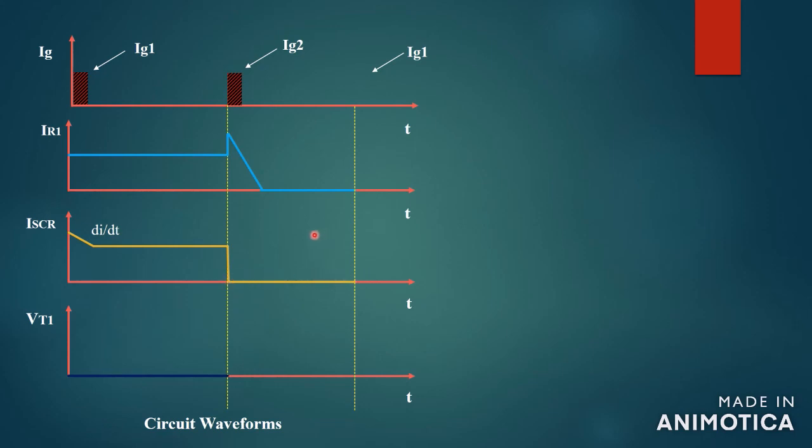So the capacitor will get charged in the reverse direction. So this capacitor voltage will get applied across the thyristor T1. So this will continue until the triggering pulse is given to the thyristor T1. Once the thyristor T1 is triggered, T2 will get turned off, and the process gets repeated.